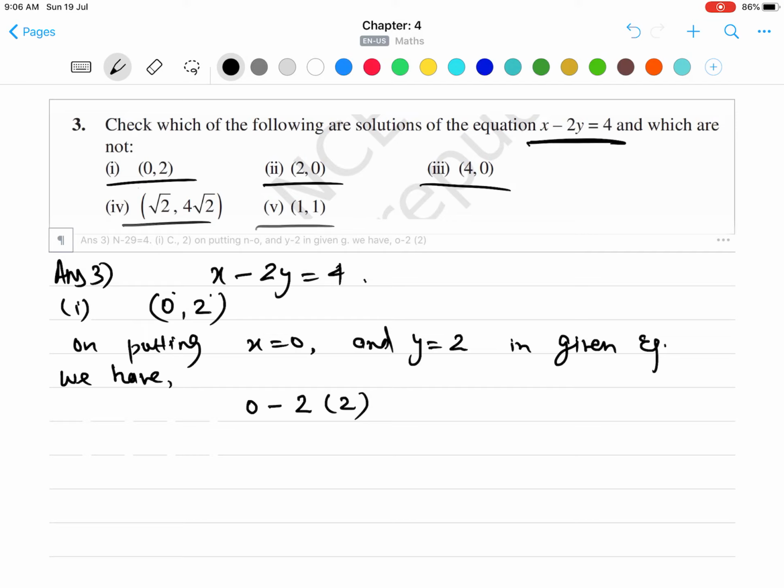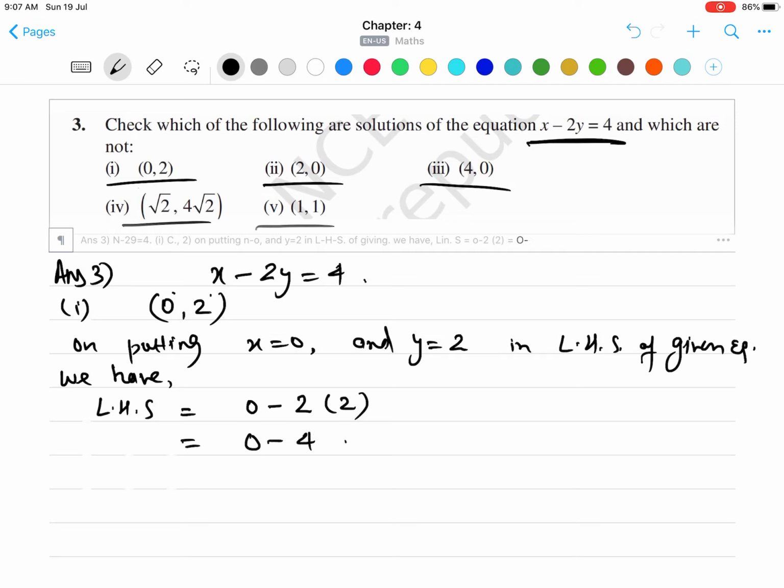On putting x = 0 and y = 2 in the left hand side of the given equation, the left hand side term is x minus 2y, so at the place of x we write 0 minus 2 into 2.